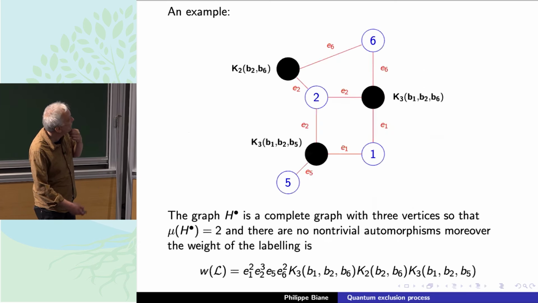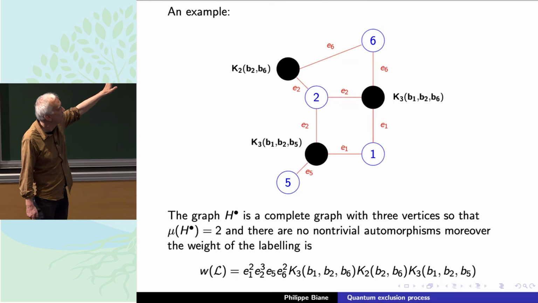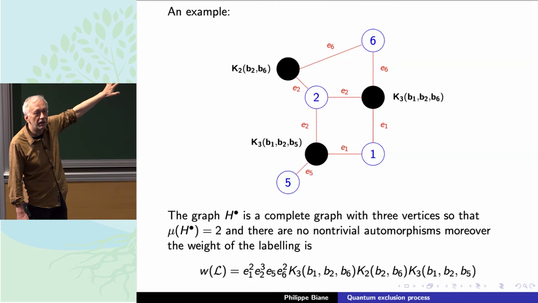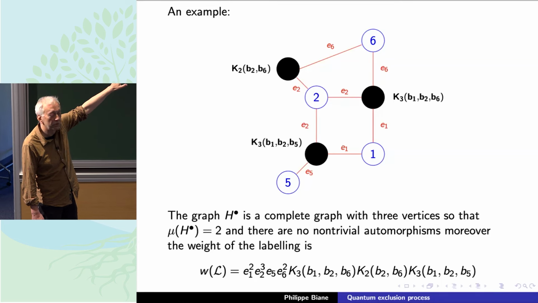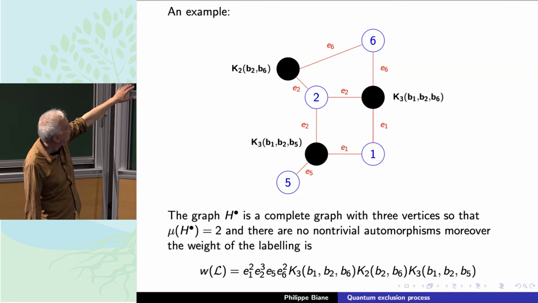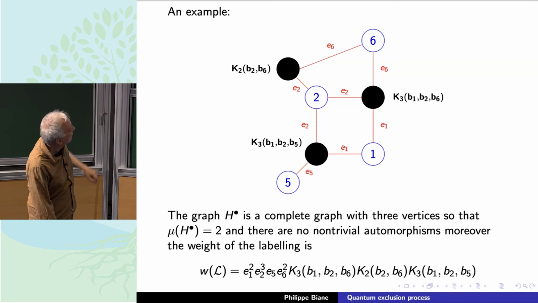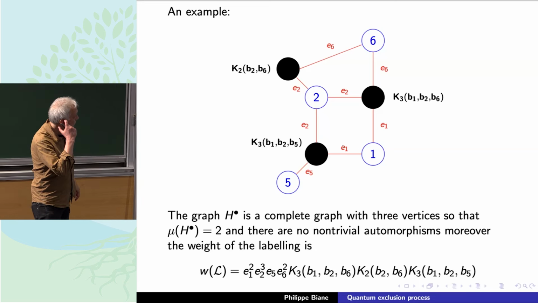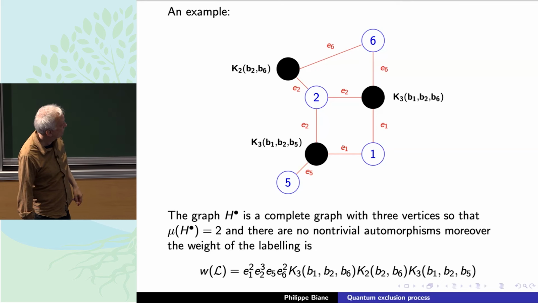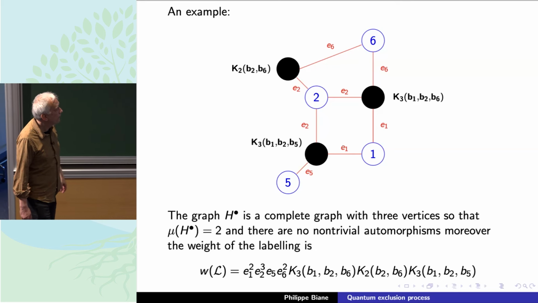I don't want to go into detail, I just show you one example. Here is a bipartite graph, one of the graphs H that occurs here. If I look at the graph H which contains only the black vertices, it is a complete graph.